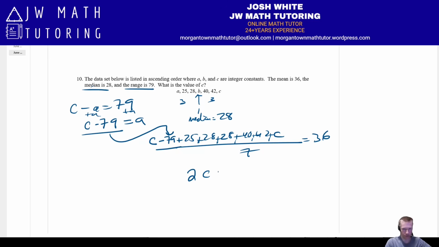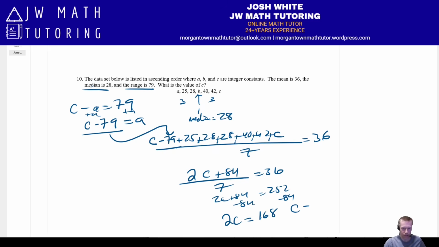Essentially, this simplifies to 2C plus 84 divided by 7 equals 36. Sorry, erase this. It's 2C plus 84 is equal to 252. Subtract 84, 2C equals 168, C equals 84.